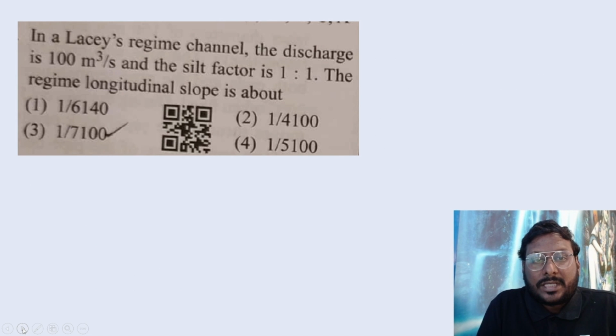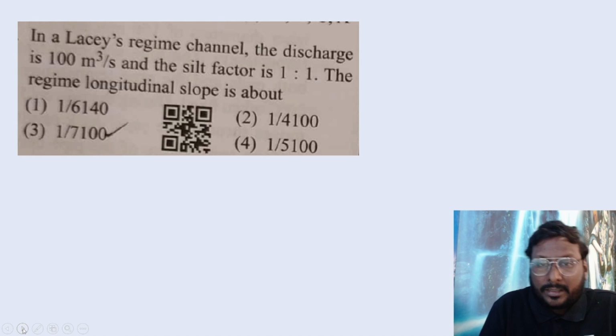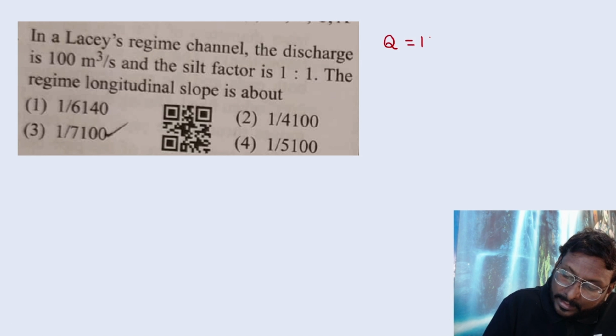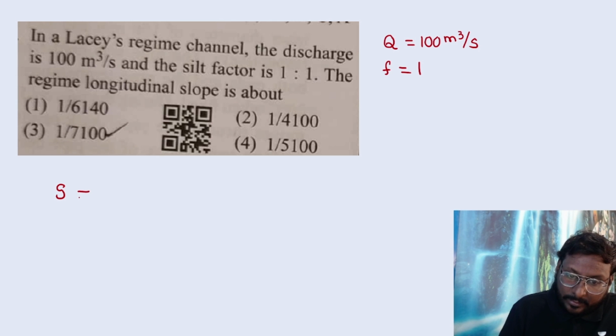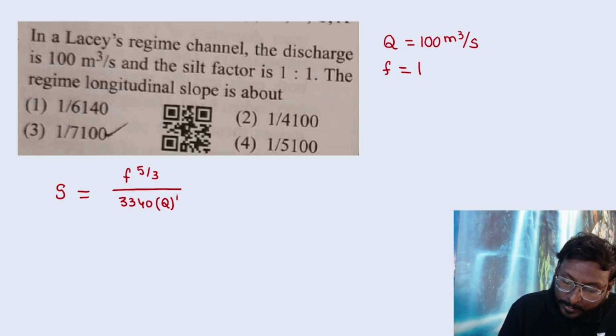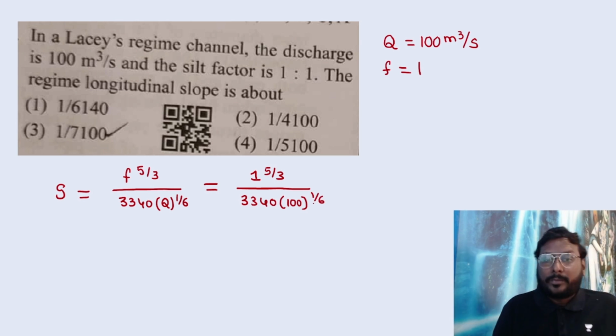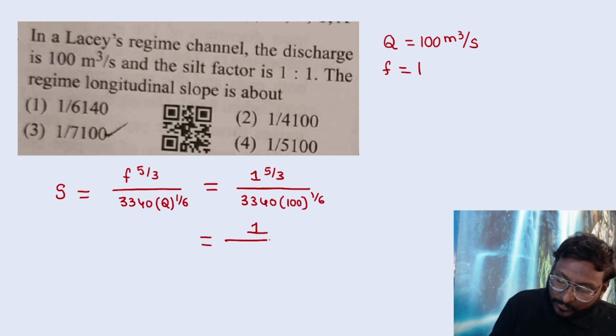In a Lacey regime channel, discharge is 100 meter cube per second, silt factor 1. Longitudinal slope S is equal to F to the power 5 by 3 over 3340 Q to the power 1 by 6. So 1 power 5 by 3 is 1, over 3340 into 100 to the power 1 by 6. It is a difficult task now.